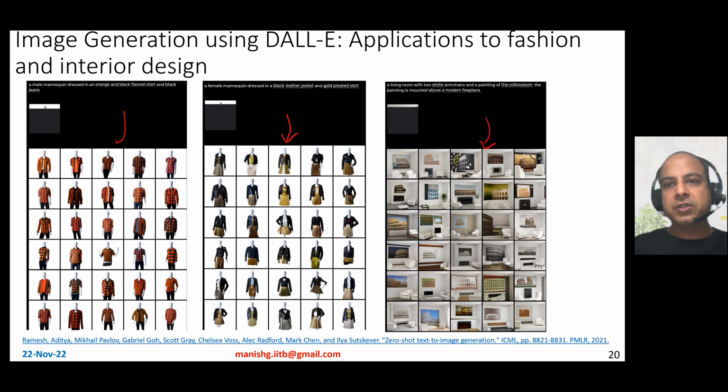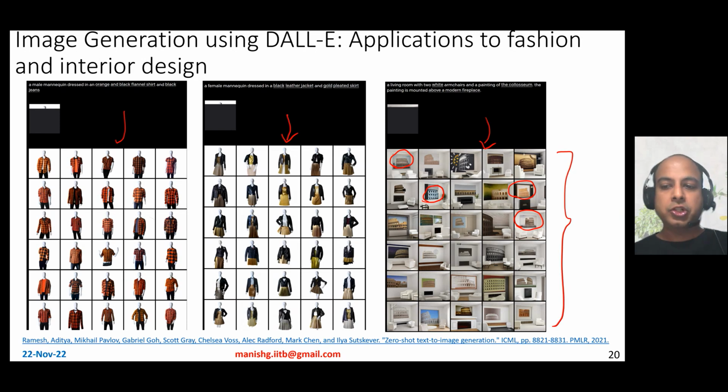So here's the living room with two white armchairs and a painting of Colosseum. So as you see, how would you place the painting of Colosseum? Now, there are so many awesome creative ways of doing it here. For a typical interior designer to come up with these kinds of drawings, it would take a much larger amount of time rather than just choosing some reasonable ones from the top few which are shown by DALL-E.